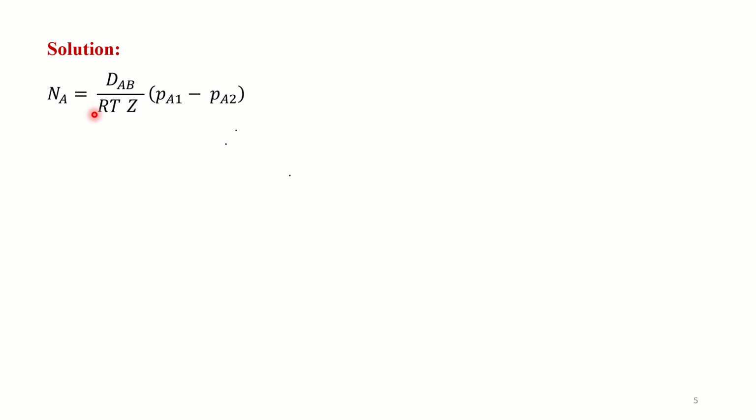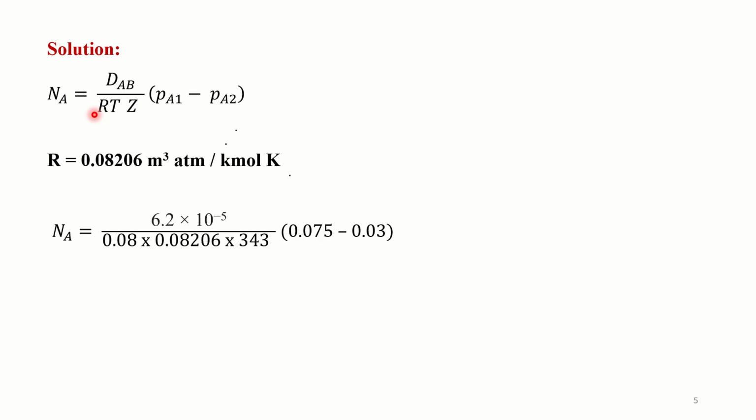Based on that, I can take temperature in Kelvin, pressure in atmosphere. By substituting all these data in the formula, you will be getting the molar flux value. I hope you have understood this. Let us move on to the next problem.